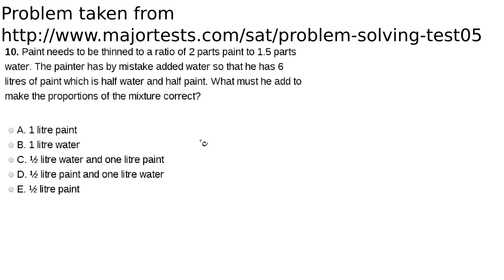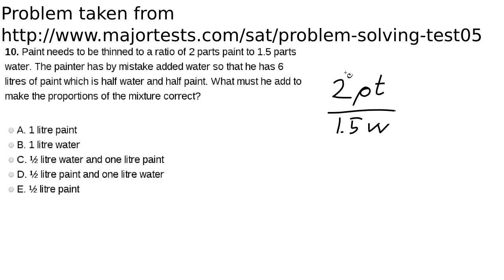Paint needs to be thinned to a ratio of 2 parts paint to 1.5 parts water. I kind of actually want to start writing 2 parts paint, using PT for paint, even though that could be confused with part, and 1.5 parts water.